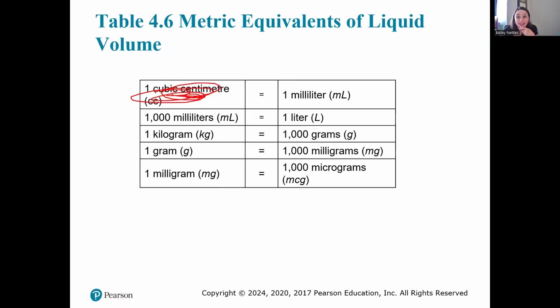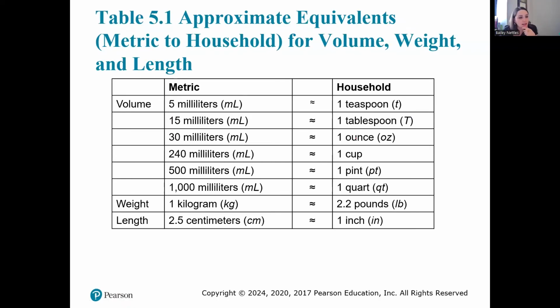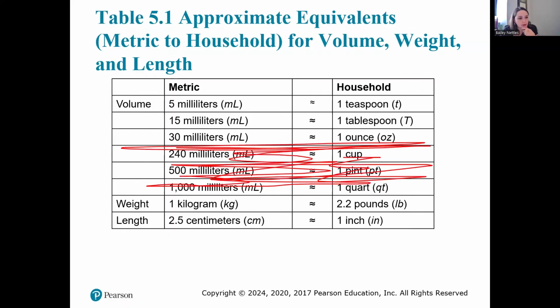We need to know all these. And once again, I don't care about cup, pint, quart. Don't care about anything else. I want all those though. And this link, we don't use. So all of these acronyms, all of these conversions, you are responsible for knowing them all up here. You will not be given a list of these. You have to know them.